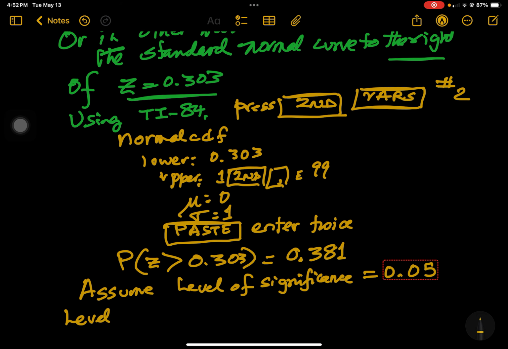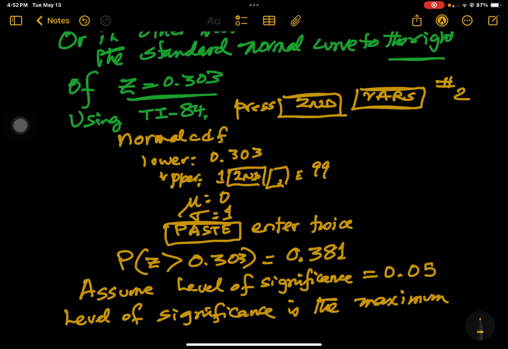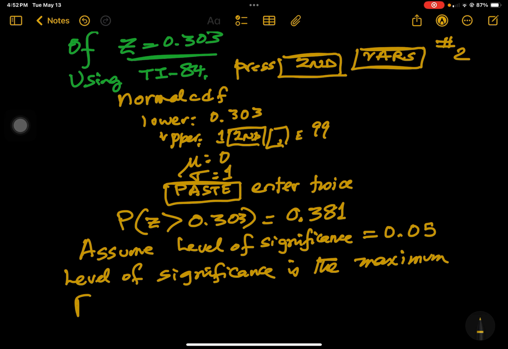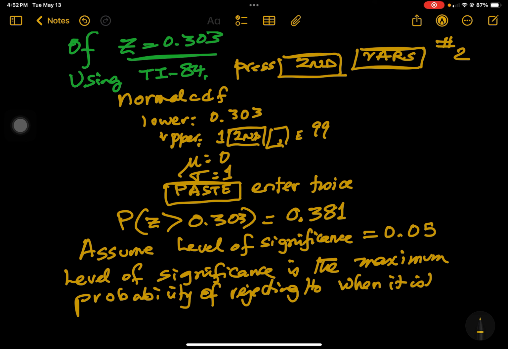Level of significance is the maximum probability of rejecting H0 when it is true. That is, we make a wrong decision.